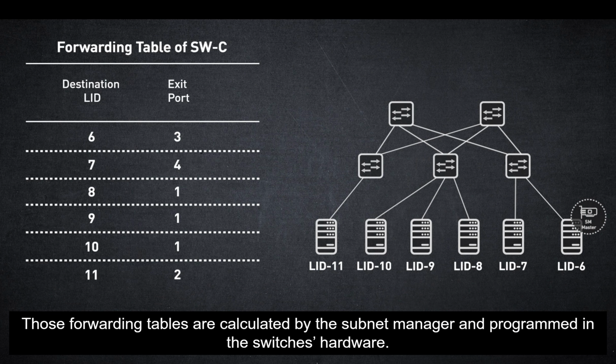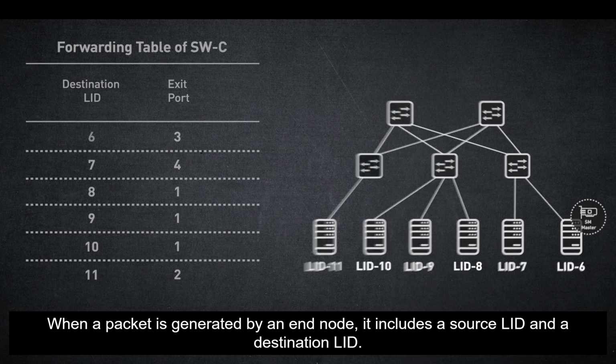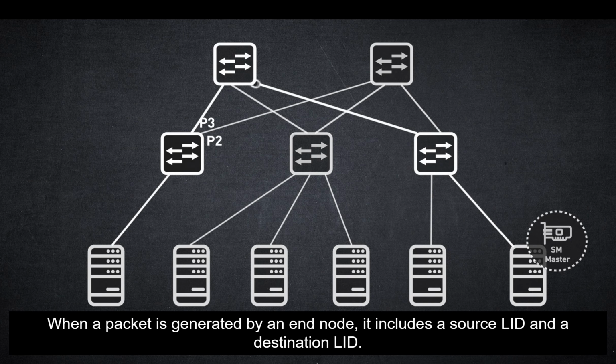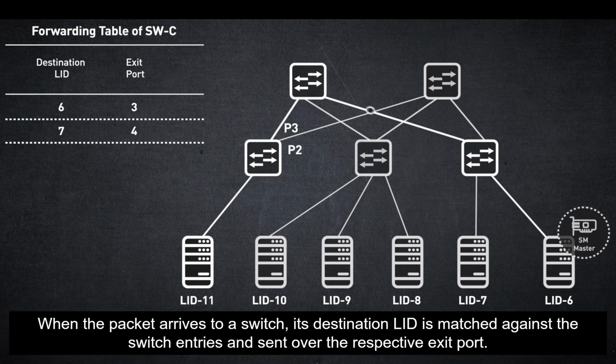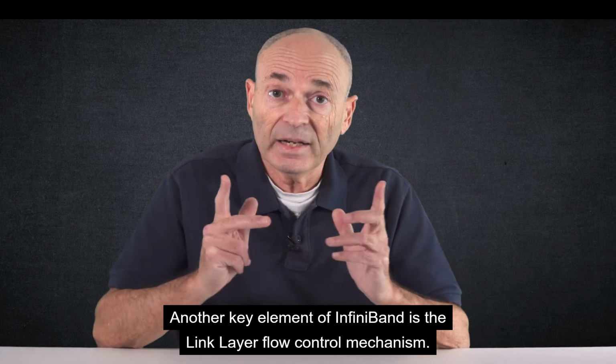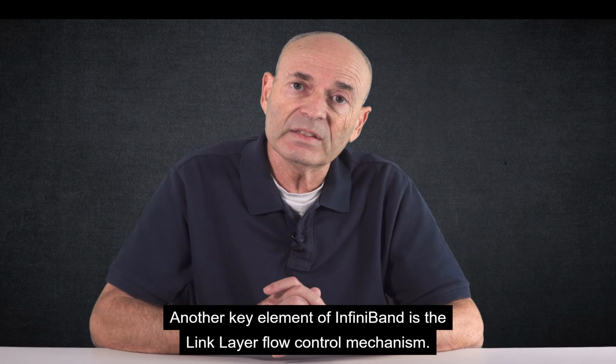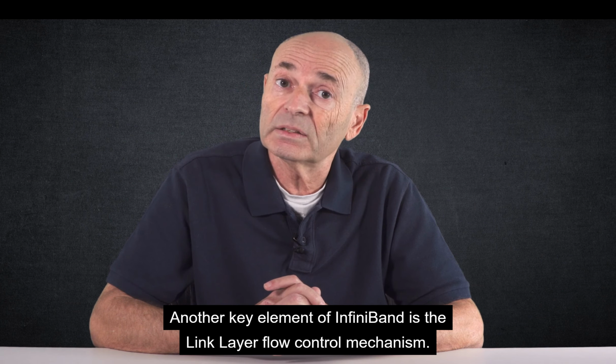Those forwarding tables are calculated by the subnet manager and programmed in the switch's hardware. When a packet is generated by an end node, it includes a source LID and a destination LID. When the packet arrives to a switch, its destination LID is matched against the switch entries and sent over the respective exit port.